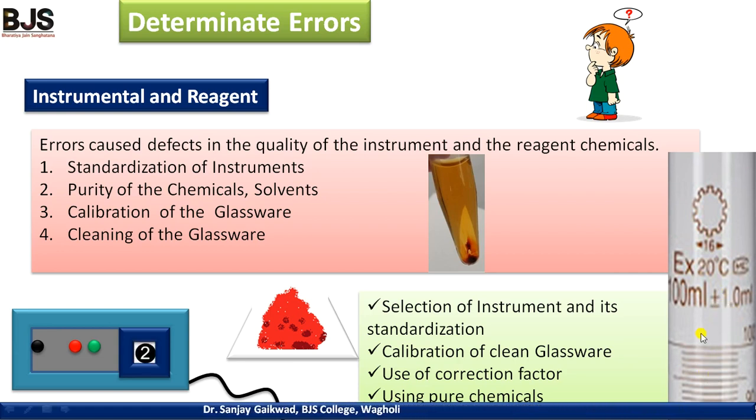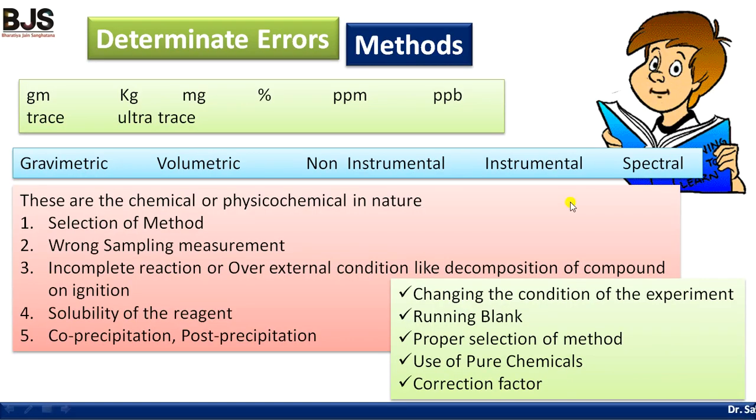For this purpose, we have to calibrate the burette for the 40 degrees Celsius temperature, and then we can use this calibrated glassware, and only then can the errors be rejected. These types of errors can be minimized, but the person should know what types of errors may be added into the analysis. Next determinate error is the method.